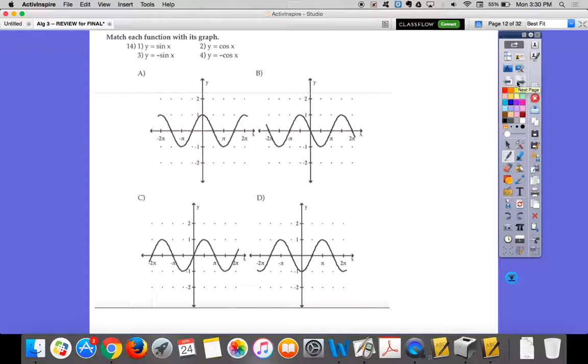We're going to match each trig function with the graph. Keep in mind, the easy way to do this is remember that sine always starts at 0. Okay, and then cosine always starts at the amplitude.